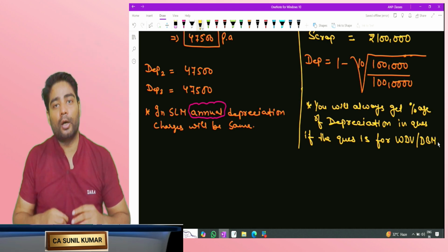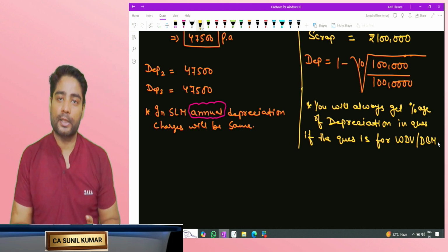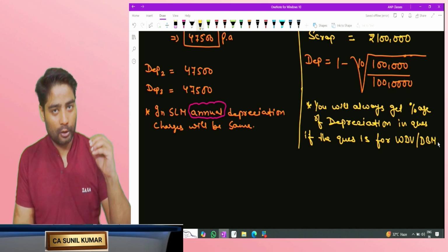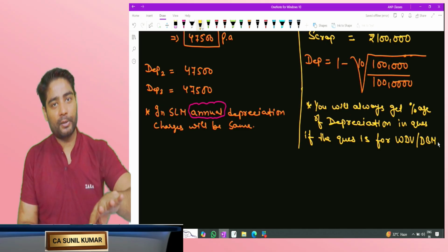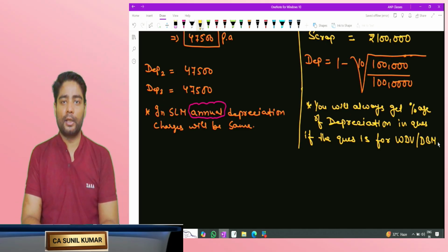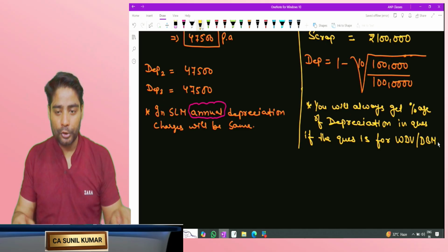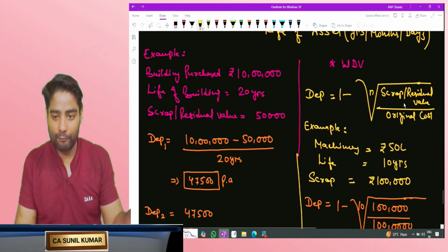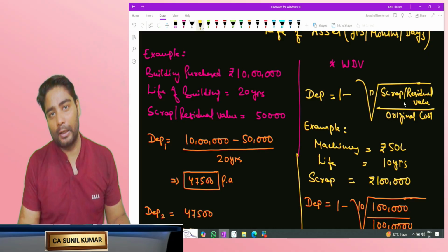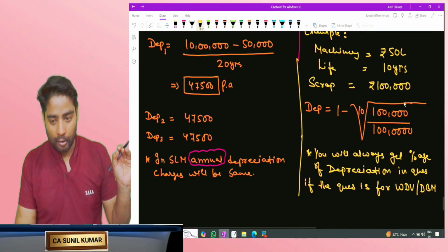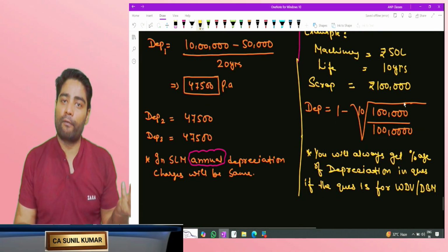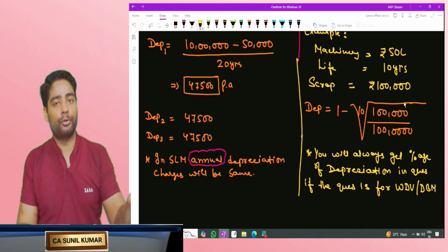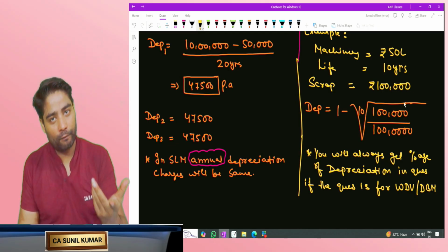The question always gives you the percentage. Let's suppose the question will give you the percentage 10% or 20% or 15% and the value of the machine. So you don't need to apply this formula to calculate depreciation. In the question, the percentage of depreciation will be given and you have to charge that percentage on the value of the asset.